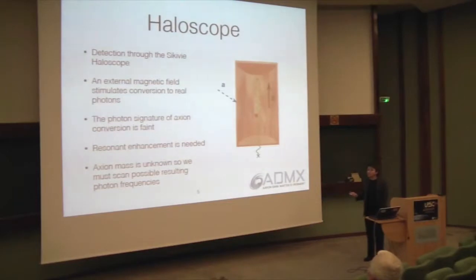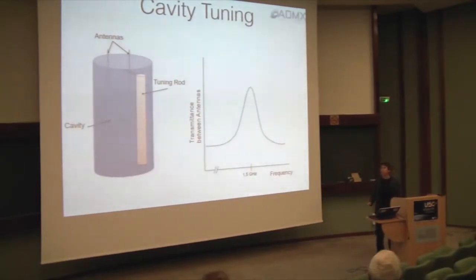But it's still difficult because we don't know the mass of this axion, of this particle, so the resulting frequency is unknown. So if we're using resonant enhancement, we have to be able to shift what frequency we're resonant with. But that can be done. And in the case of ADMX and a number of other experiments at CAPP, at Haystack, we use a tuning rod in the cylindrical cavity.